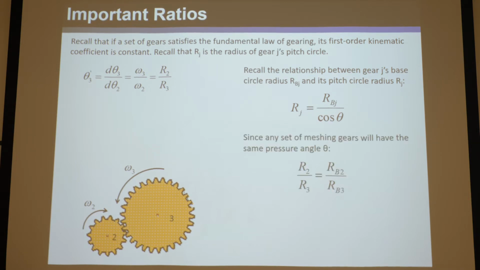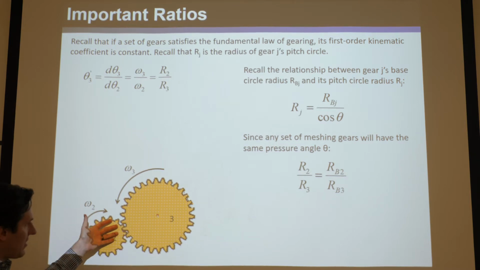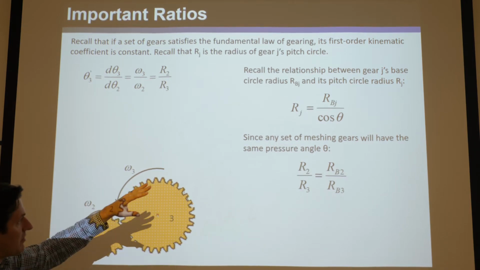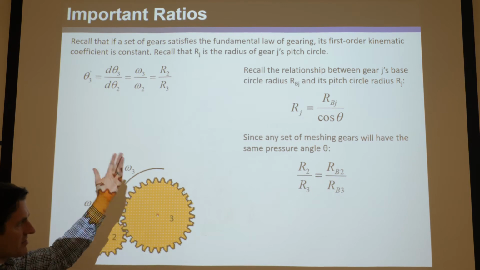Since any set of meshing gears will have the same pressure angle, obviously, if two gears are mating, remember they have the same diametral pitch and the same pressure angle. So theta 3 and theta 2, if you're going to distinguish that, where theta is the pressure angle, it's going to be the same. It's just theta.